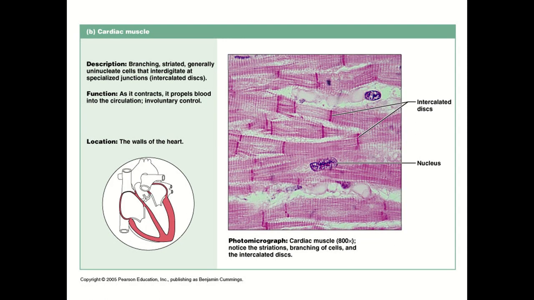Next is cardiac muscle. Cardiac muscle is involuntary control. As it contracts, it will propel the blood into the circulation. So remember, cardiac muscle can only be found in the walls of the heart because it helps to pump your blood to the other parts of your body.